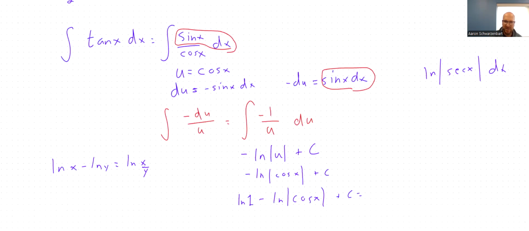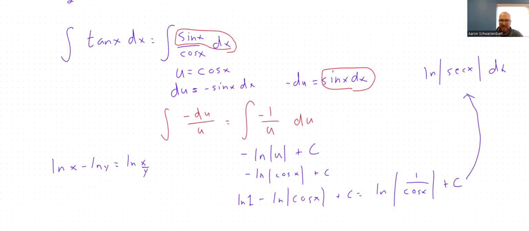So this equals ln of 1 over the absolute value of cosine. The 1 can go into the absolute value because it is a positive number. You need the absolute value because you can't take the ln of a negative number. And 1 over cosine is secant.